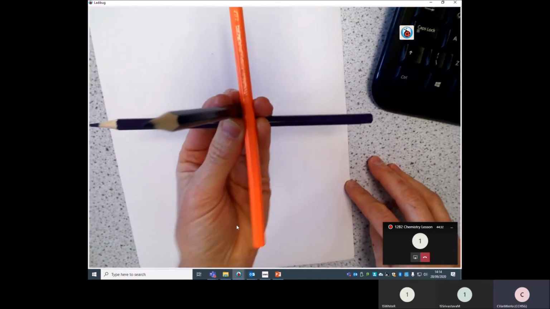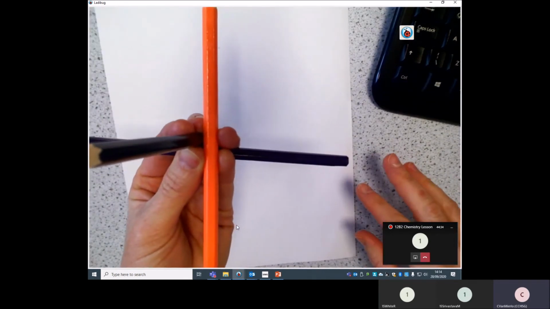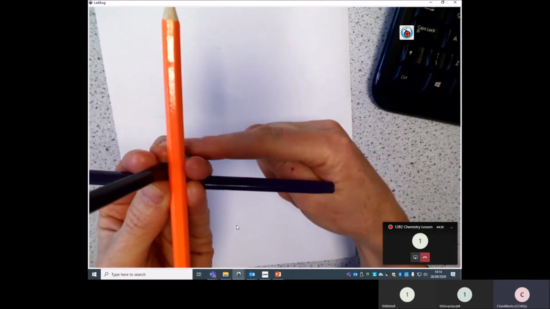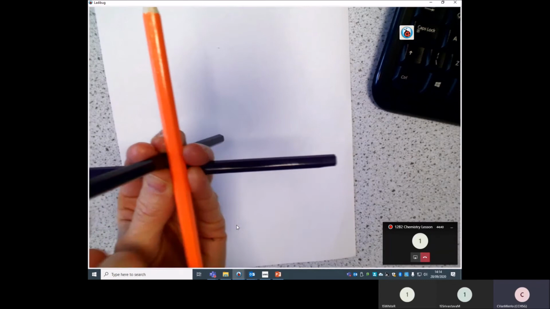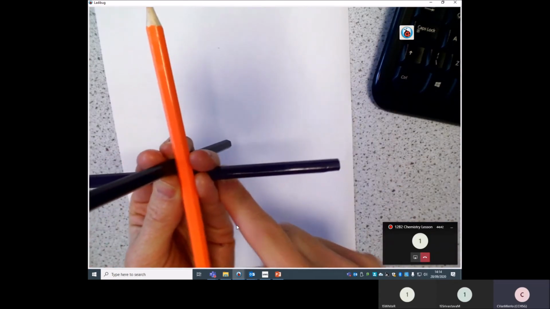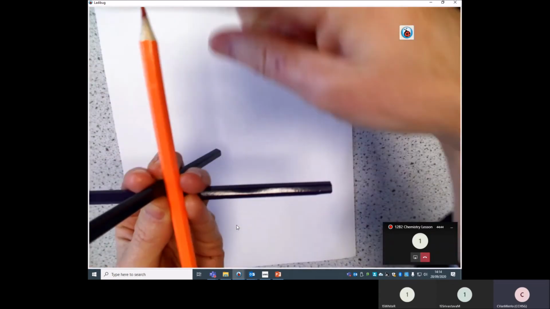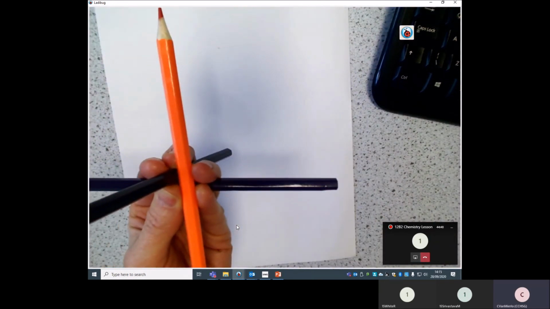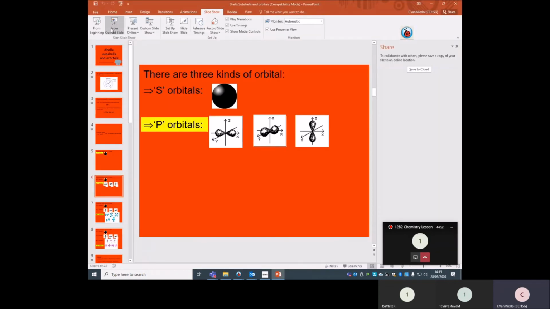Does that make sense? And then you have one of your p orbitals coming vertically up and then down, one of your p orbitals going horizontally around that one, and then one of your p orbitals coming out towards you guys and then back towards me. So they're all at 90 degrees to each other, which is where we can have our pencils like that.